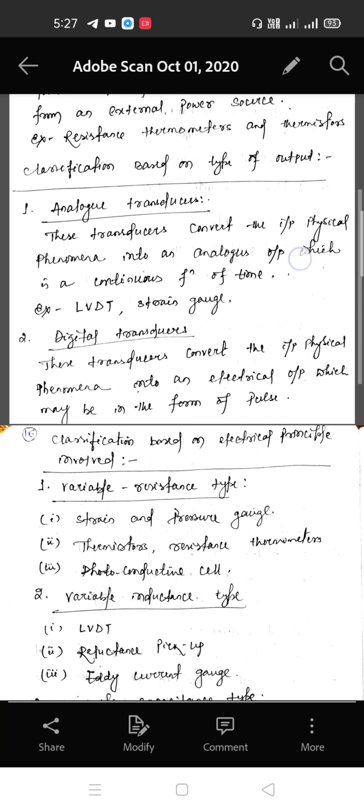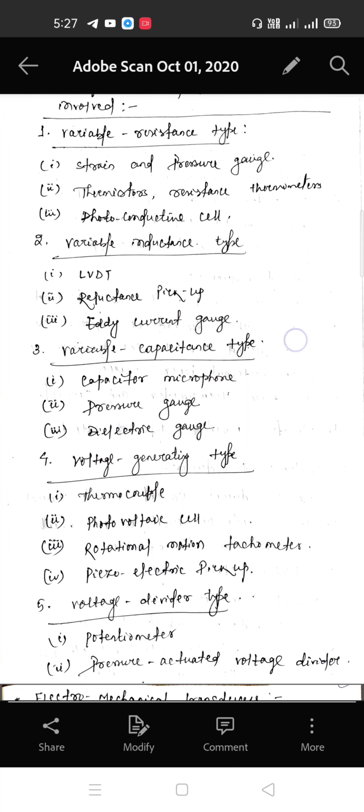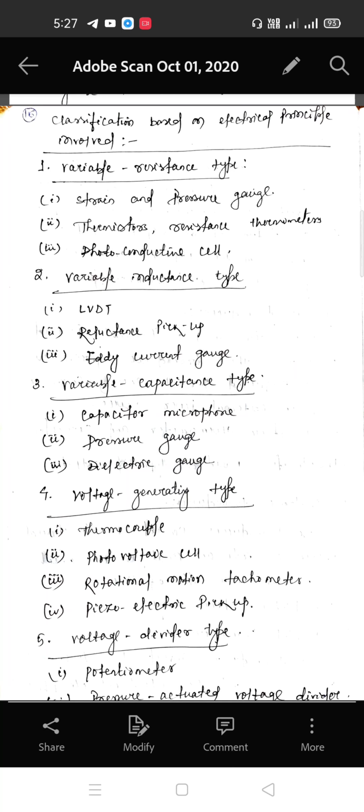Let's move to another type of classification, which is based on the electrical principle that is involved. There are different types, let's see one by one. The first one is the variable resistance type.